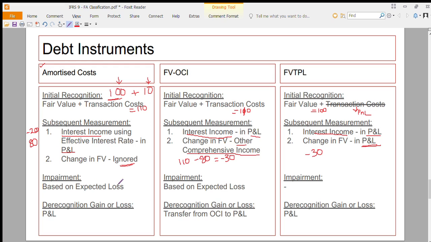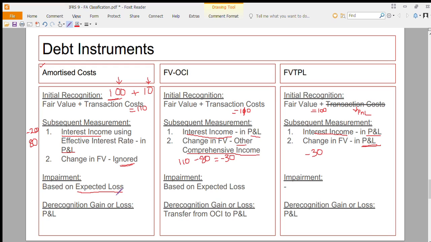Moving on, impairment. IFRS 9 speaks about something called the expected loss model. It is a separate topic in itself, so I'm not going to dig into it now. All I want you to remember is, if an asset has got impairment, IFRS 9 uses an expected loss model to calculate the value of the impairment.